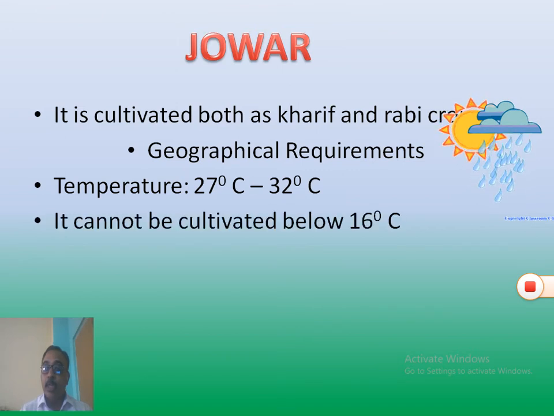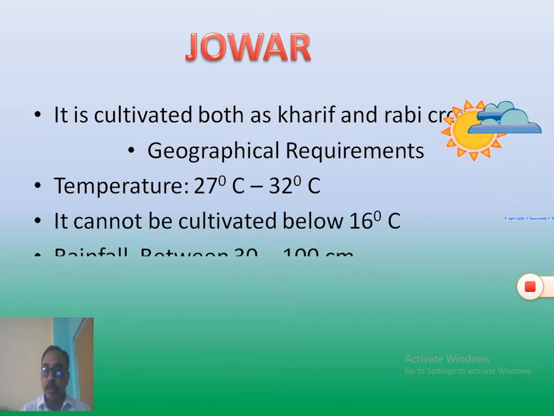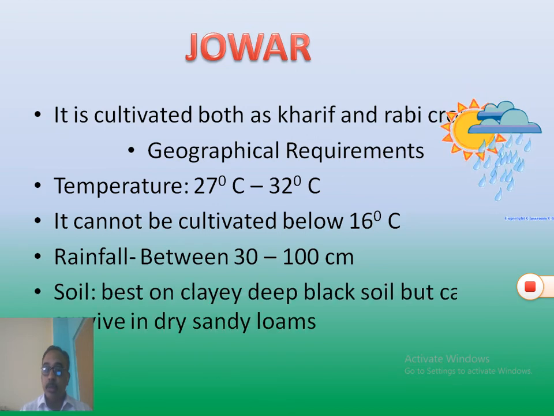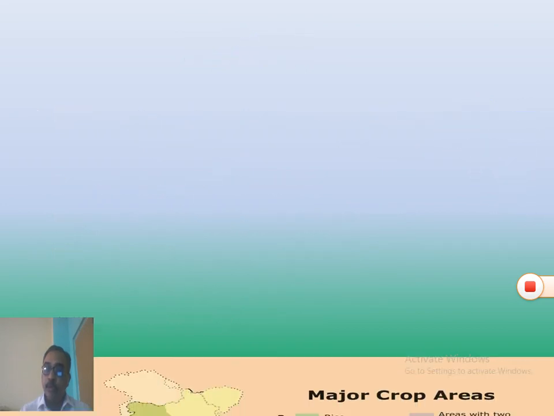It cannot be cultivated, remember, below 16 degrees Celsius. Rainfall between 30 to 100 centimeter. Soil, it can be grown in clay deep black soil but can survive also in dry sandy loam. So as I told you, these are the crops which need very little rainfall, high temperature, and can be grown in any type of soil.